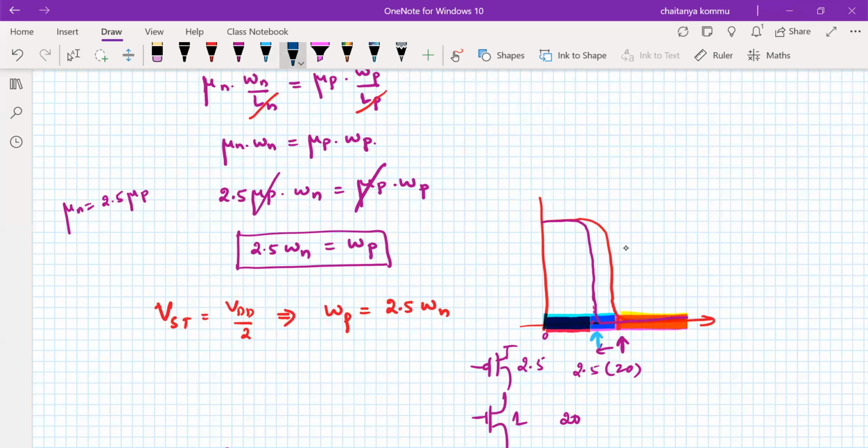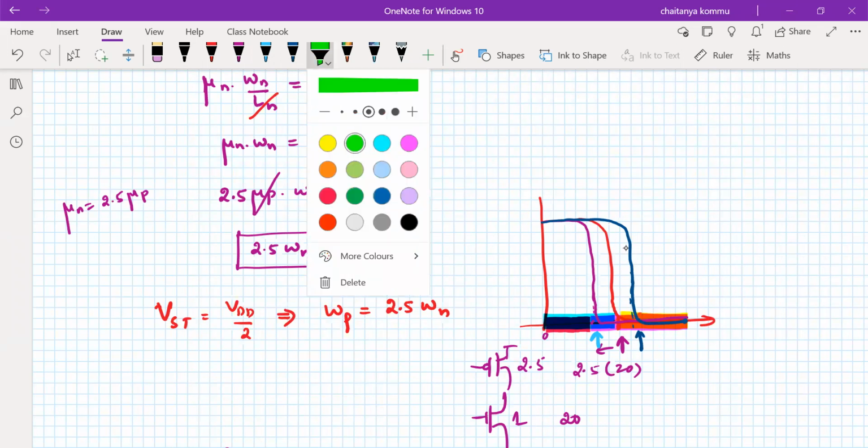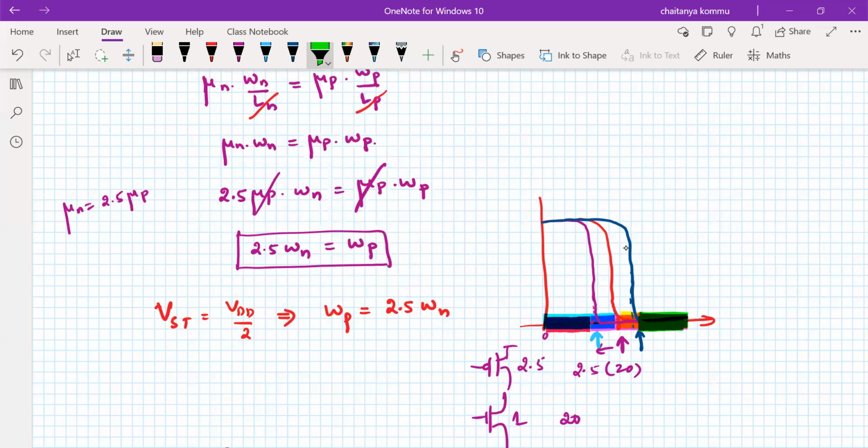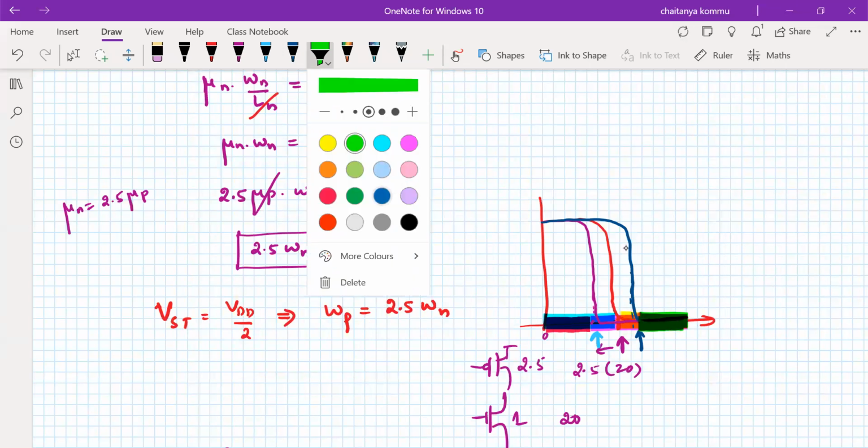Observe. The trip point will move towards the VDD side. Trip point is available here. That means there is a small duration available for this one, but a long duration is available for the other.